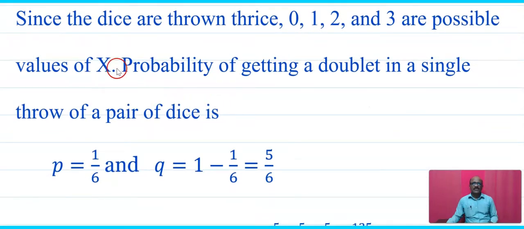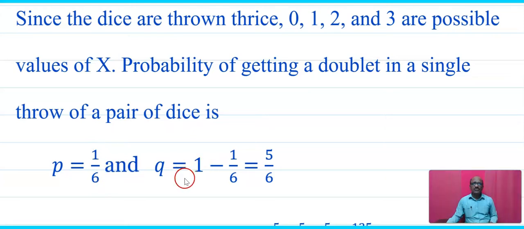Since the dice are thrown thrice, 0, 1, 2, 3 are the possible values of X. The probability of getting a doublet in a single throw of a pair of dice is P equal to 1 by 6.